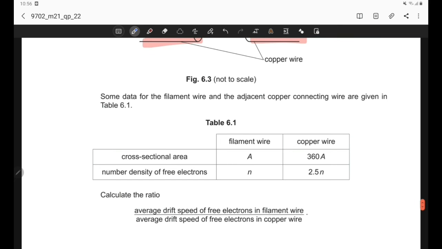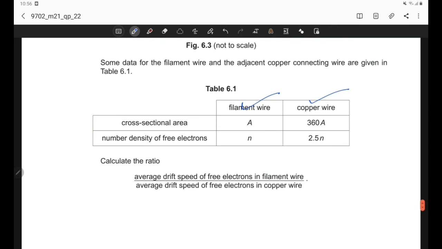The cross-sectional area and number density of free electrons for both the filament wire and copper wire are given. Calculate the ratio of the average drift speed of free electrons in the filament wire over the average drift speed of free electrons in the copper wire.